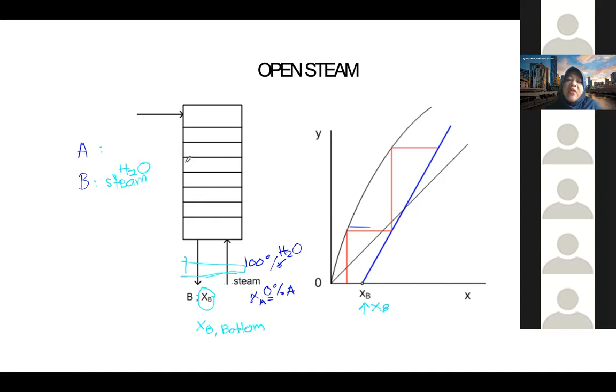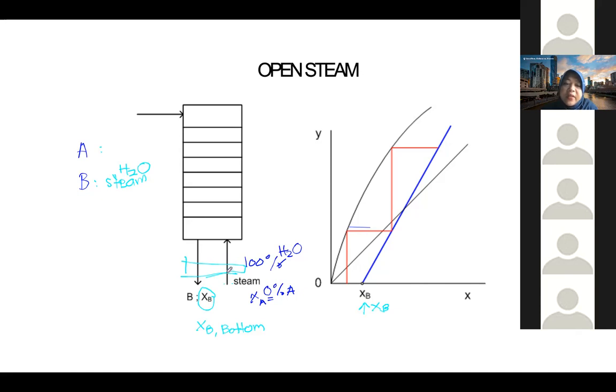So instead of a partial reboiler, maybe we can just put the steam as the reboiler, because in steam there's a lot of energy. There's vapor and energy, and we can heat up all the streams. So here we put the steam, which is actually 100% B.